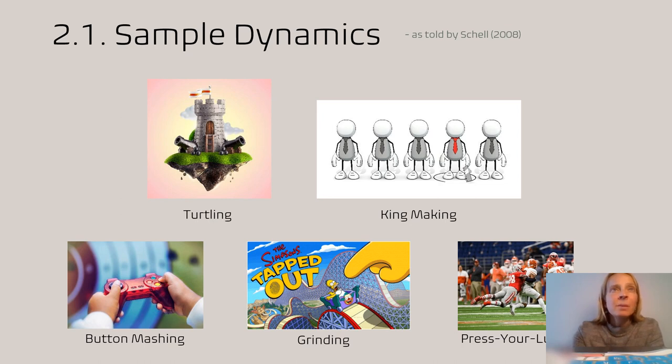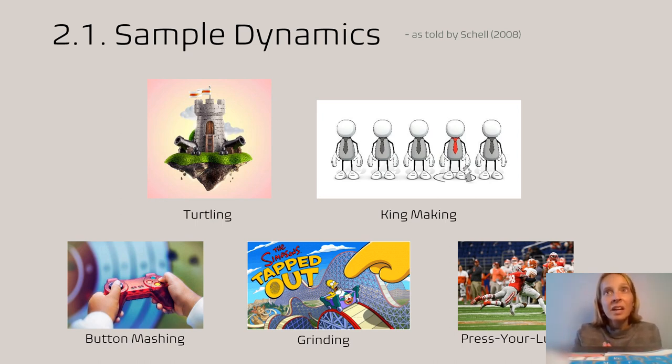The next dynamic that could occur is king making. If players want to win the game, then a player's decisions should be the determining factor. Players should be able to figure out who wins based on effort and strategy.